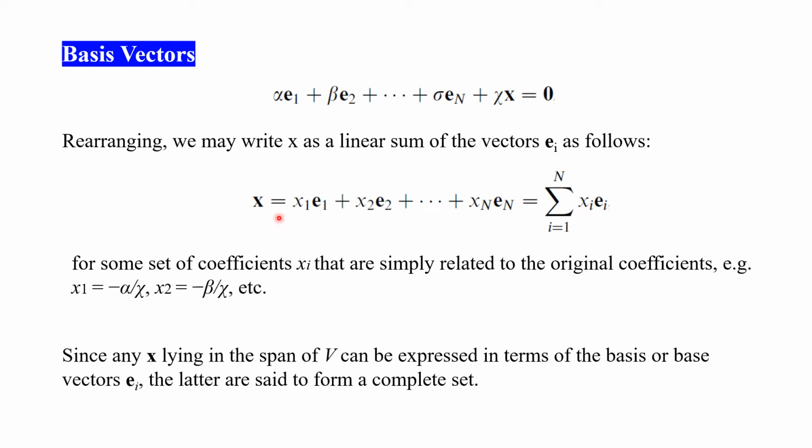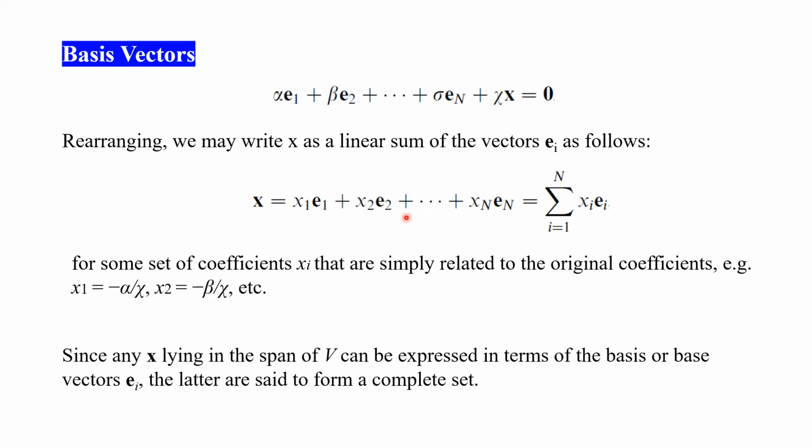So we may write x is equal to x1 e1 plus x2 e2 plus dot dot dot plus xn en, which is equal to the sum of your xi ei, for some coefficients xi that are simply related to the original coefficients, where x1 is equal to negative alpha divided by chi, x2 is negative beta divided by chi, xn is equal to, let's say, sigma divided by chi, and so on and so forth.